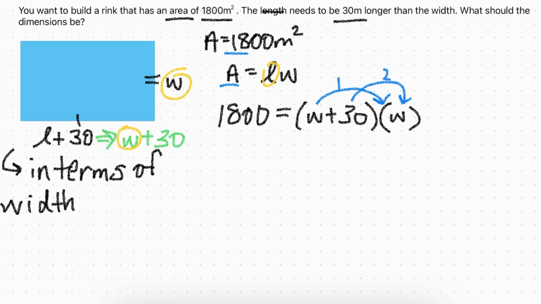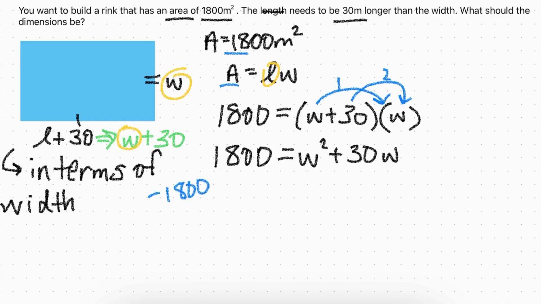So we can continue. We're going to distribute. We're going to carry down the 1,800. So we have 1,800 equals W times W, which is W squared, plus 30 times W, 30W. We want to set this equation equal to 0.